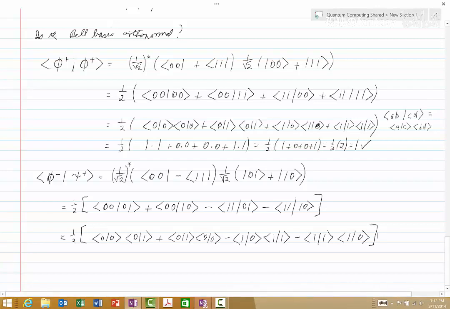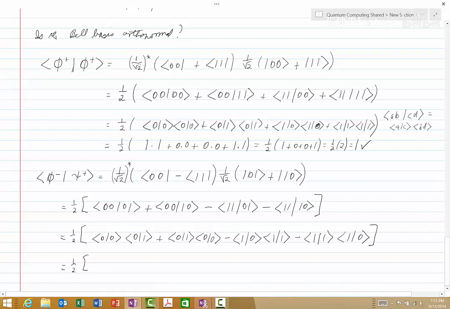And again, just to make sure you follow that, we take the first numbers. These are the states of the first electron, so we take those inner product with each other, and then 0 and 1 for the second electron. 0 and 1 for the first electron, 0 and 0 for the second electron. 1 and 0 for the first electron, 1 and 1 for the second electron, and finally 1 and 1 for the first electron, 1 and 0 for the second electron. Now let's simplify this.